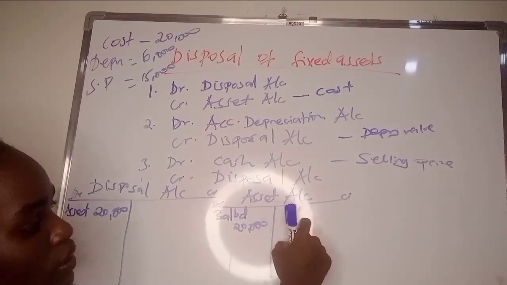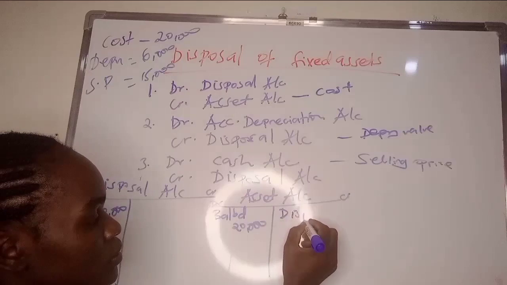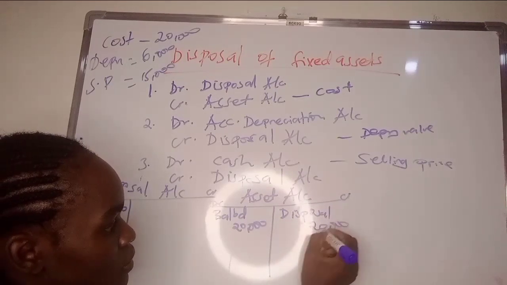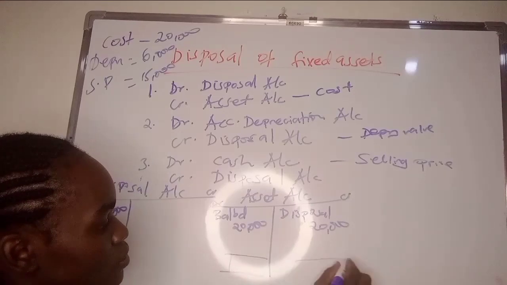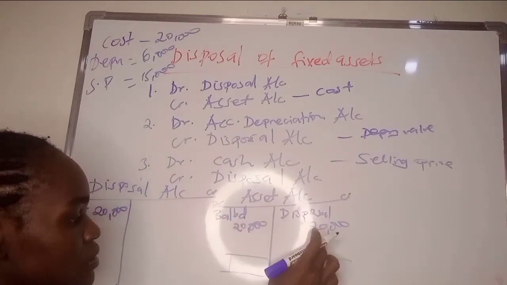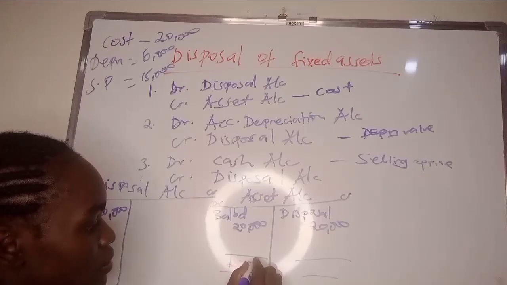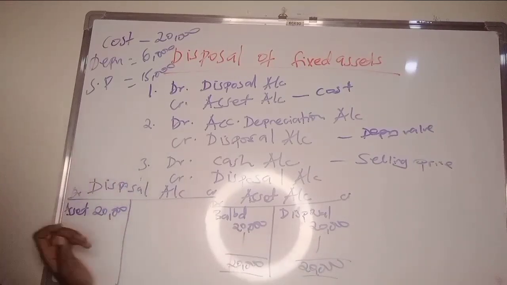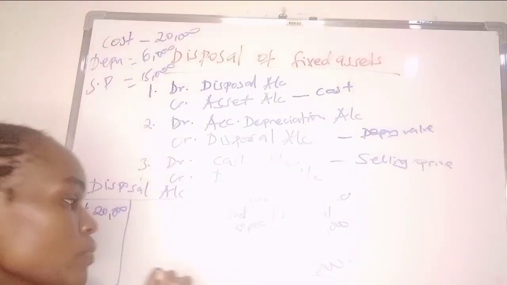Then on the credit side of the asset account, we write disposal 20,000. This account is going to balance, since this side is equal to this side, 20,000 and 20,000, and we shall not have any balance carried down.